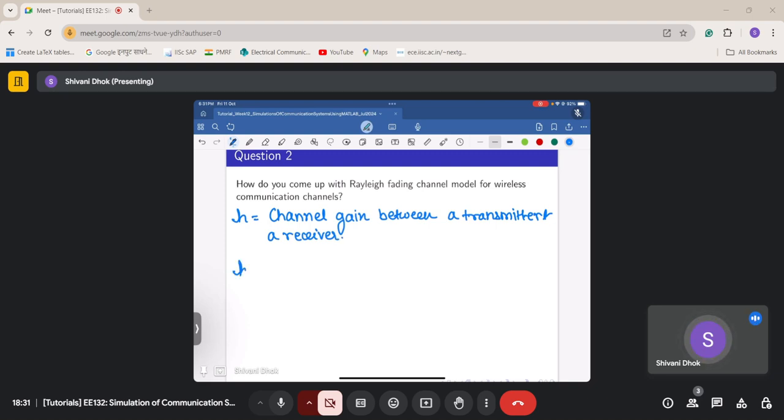This h is a complex quantity, so we can write it as summation i equal to 1 to n of a_i times e power minus j 2 pi fc tau_i. What do we mean by n here?